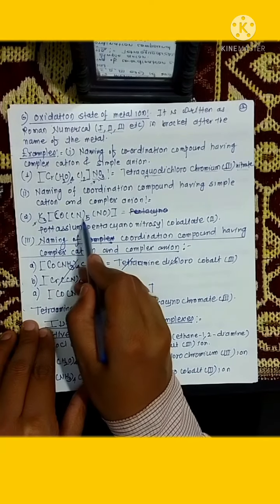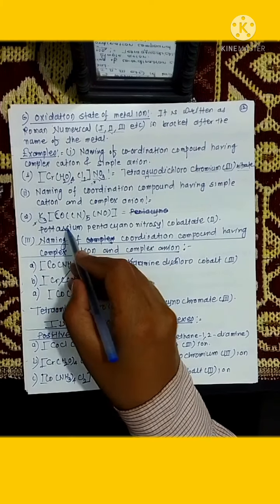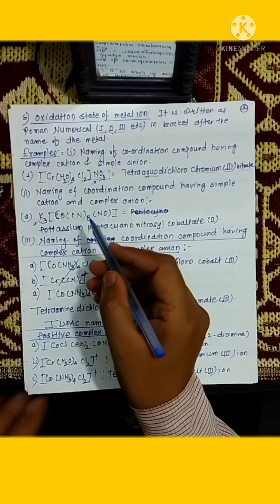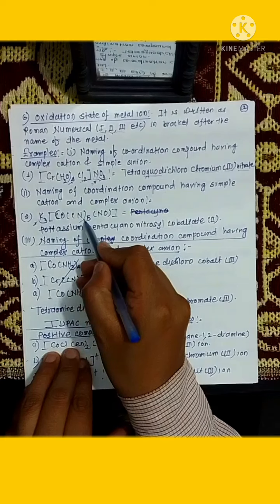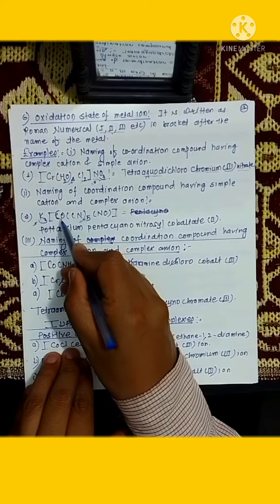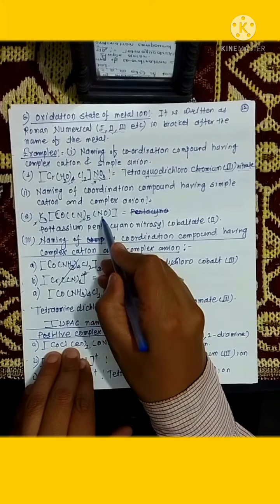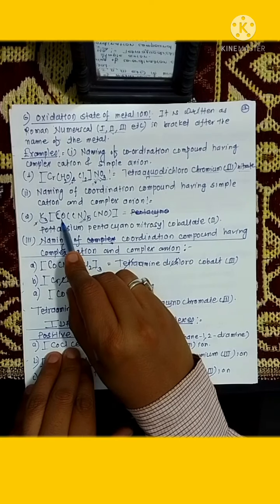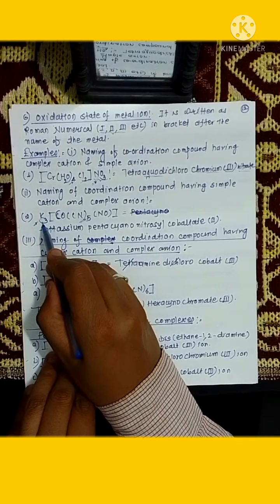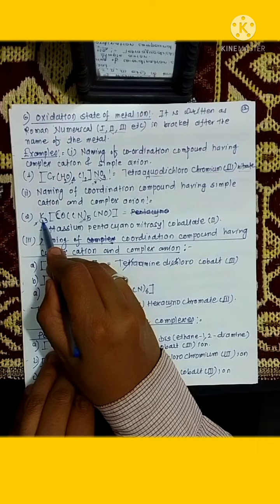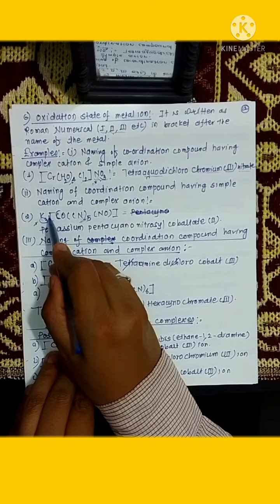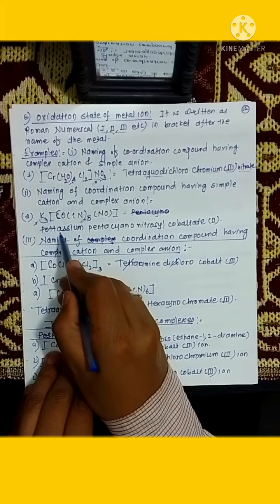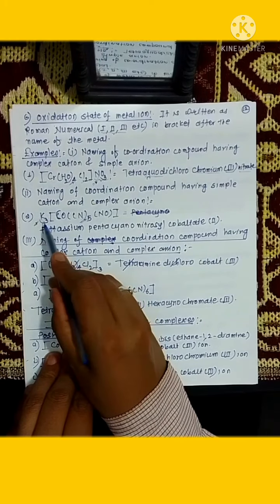Just see this complex. In this complex, there are 5 cyanide ligands joined to cobalt. 1 nitrosyl ligand is also joined to the cobalt, and potassium is present as a counter ion and it is written first, on the left hand side. That's why potassium is written first.